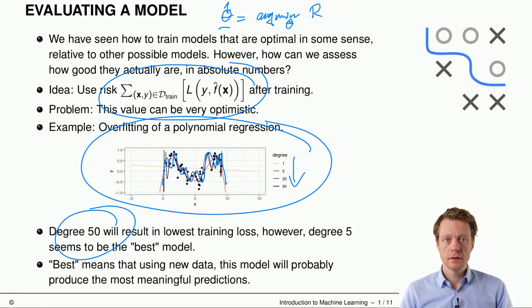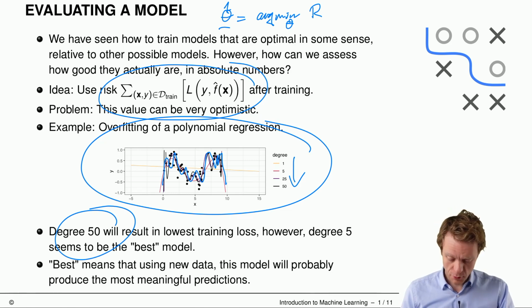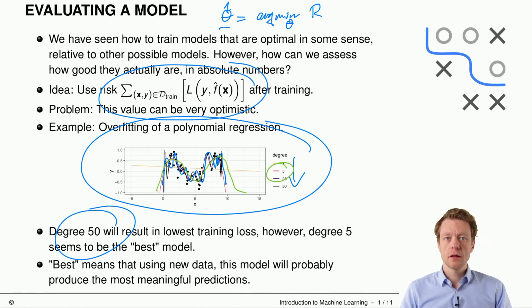But perhaps from a more intuitive perspective, you can already see that the model with degree 5, something like this, is a better model because, well, right now we don't really know if it's better or not, it's just guessing. But the intuition is that it's not that variable and not that flexible, not that volatile, and so has better generalization properties.